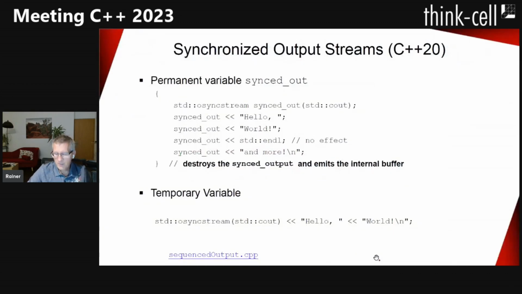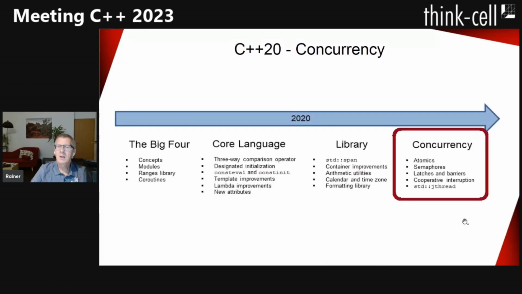And now I'm done. I only talked about this red part in my timeline about atomics, which were improved with C++20 in particular. Once more, you can wait and notify, synchronize with them.